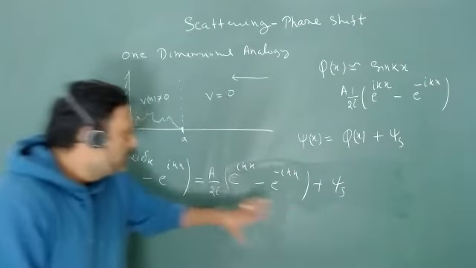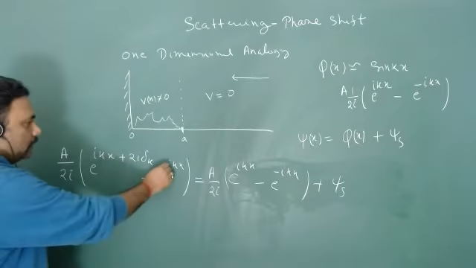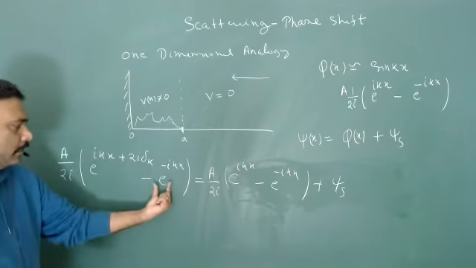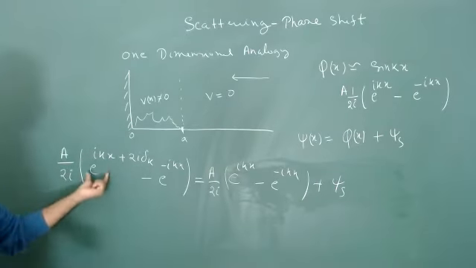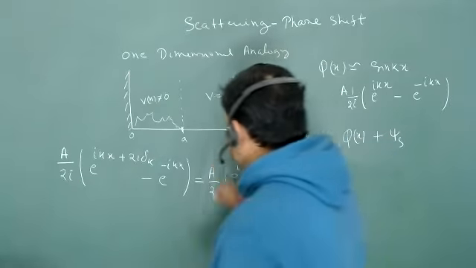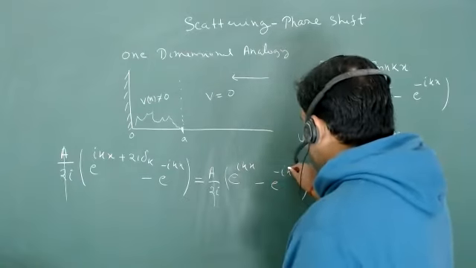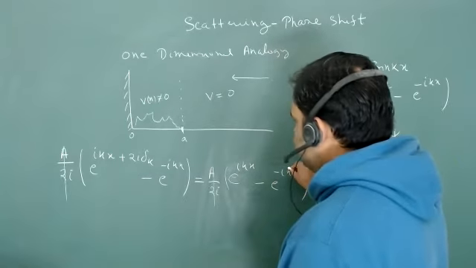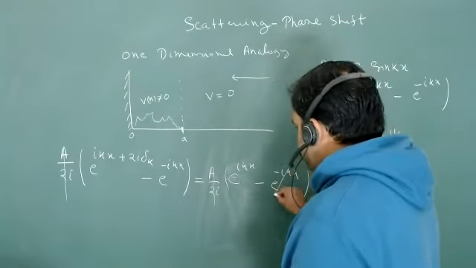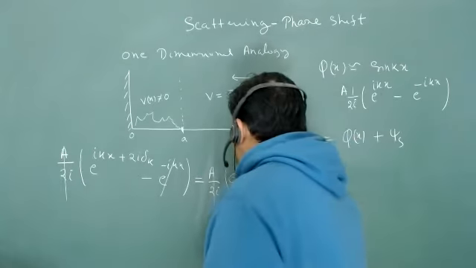So this plus this is equivalent to this one. This is the complete wave function. And this, sorry, this is minus sign. So this is the incoming wave. And here is the outgoing wave plus some changes. So we always have this kind of situation. So this and this will cancel out. And obviously, this thing also cancels out, isn't it? We have psi s. And what is my psi s?